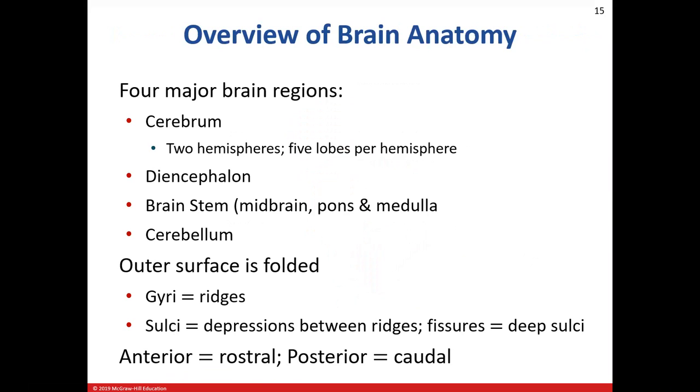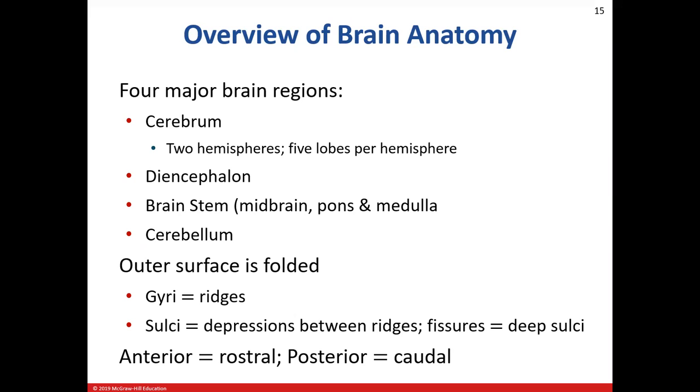So after we're born and our brain continues to develop, we can start to look at the overview of what brain anatomy really looks like. And this is really looking at, for the most part, an adult brain. When we look at a brain, there are four major brain regions. We have the cerebrum, the diencephalon, the brainstem, and the cerebellum.